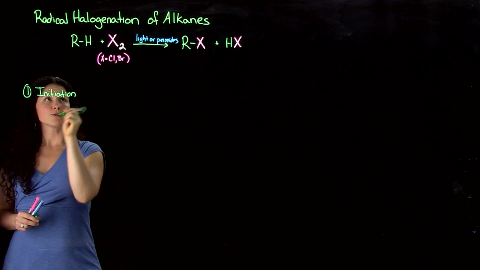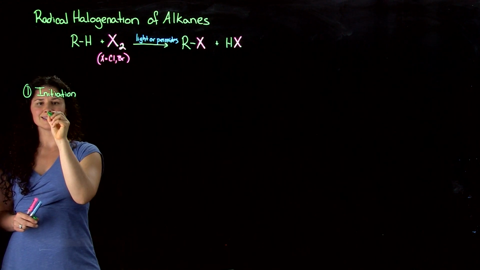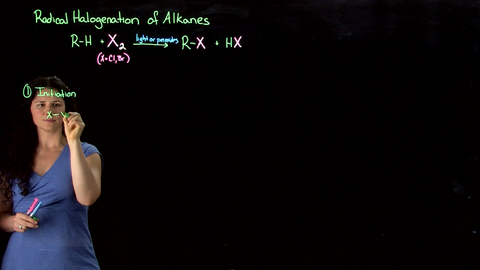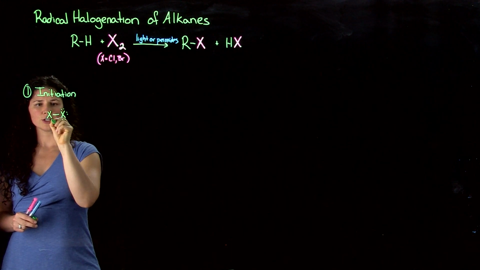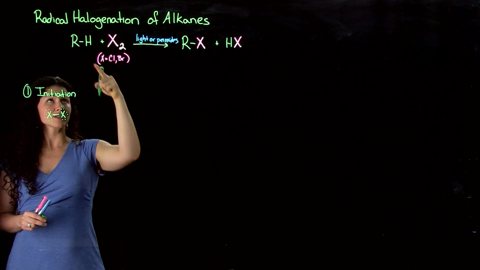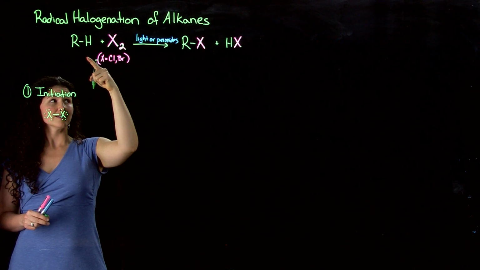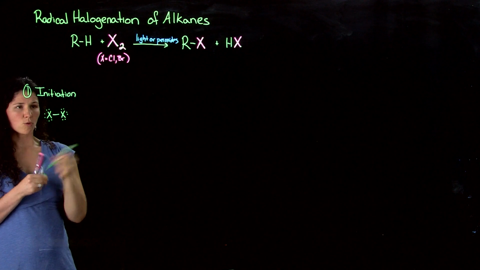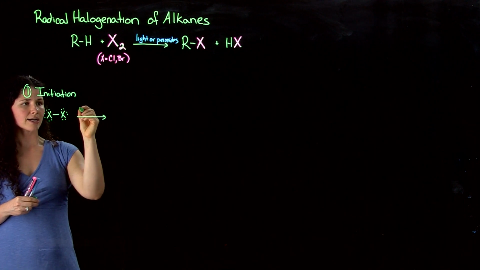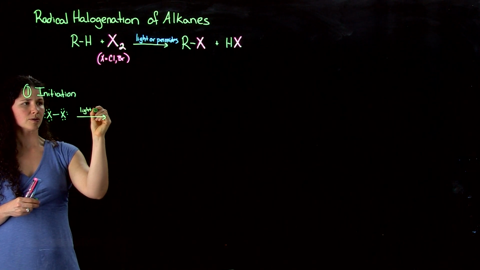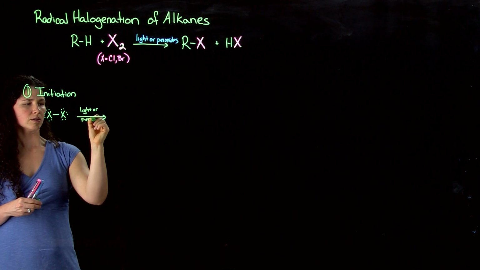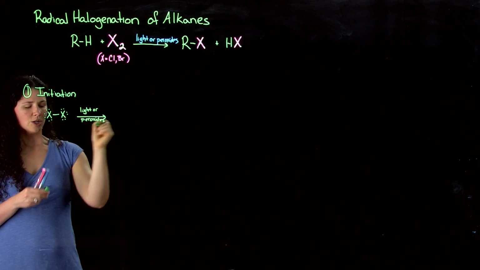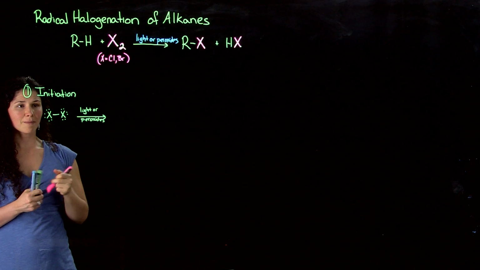For this type of reaction, where you're taking a dihalide and using it to halogenate an alkane, the first step is for either light or the peroxides to promote homolytic bond cleavage.